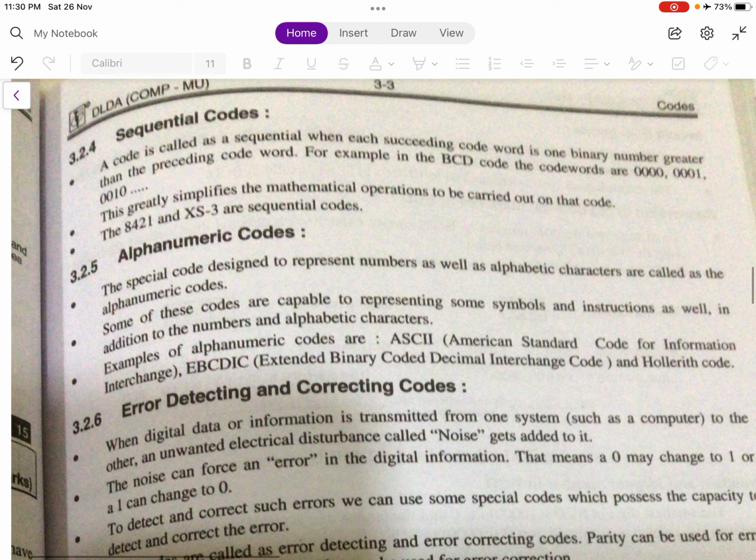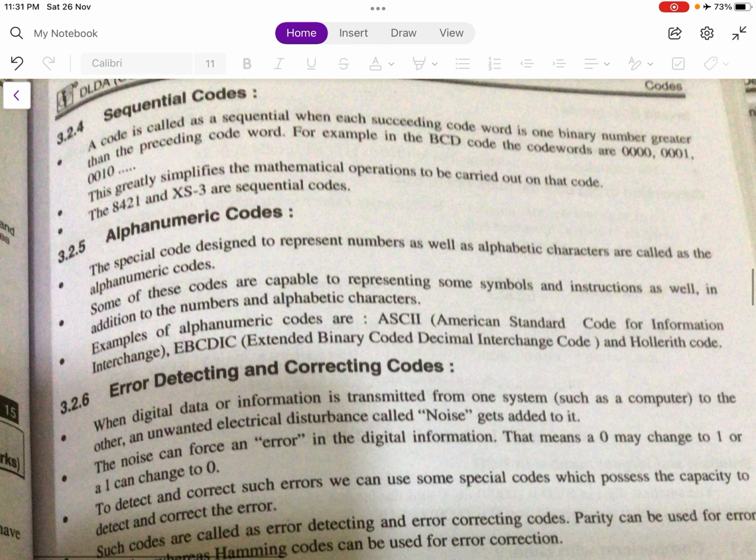Sequential codes. A code is said to be sequential when each succeeding code word is one binary number greater than the preceding code word.